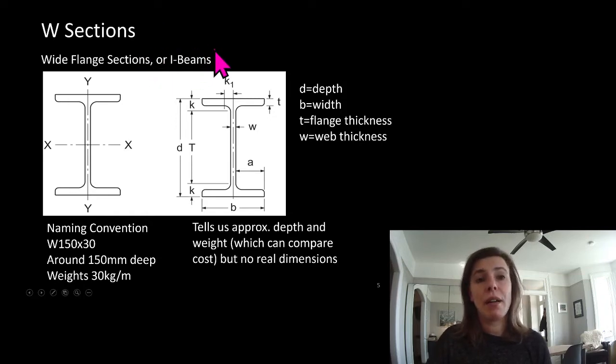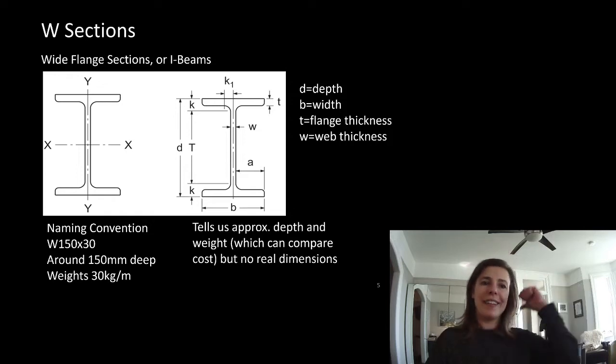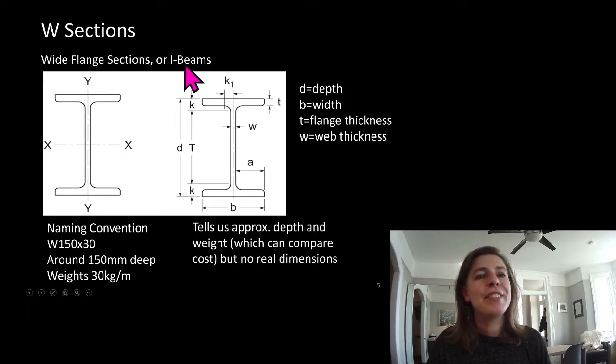W sections are I-beams, and I think I mentioned this last term, that it's really annoying that our I-beams are W sections because they don't look anything like a W. But the sections that were called I-beams were an old style of fabrication, and these were the newfangled new members in the industry way back when, probably in the 20s or 30s of the last century. That tells you that I'm old, that I have to differentiate that now.